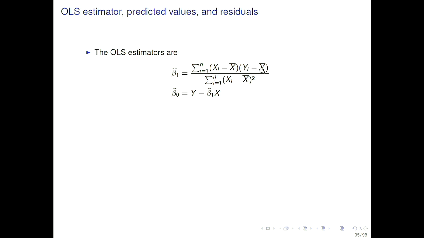However, it's good to see what's in this expression. If you divide both the numerator and the denominator, then what is going to be the numerator? You have this numerator, the sum of products of mean deviations, divided by sample size n. That is the sample covariance between x and y, right?